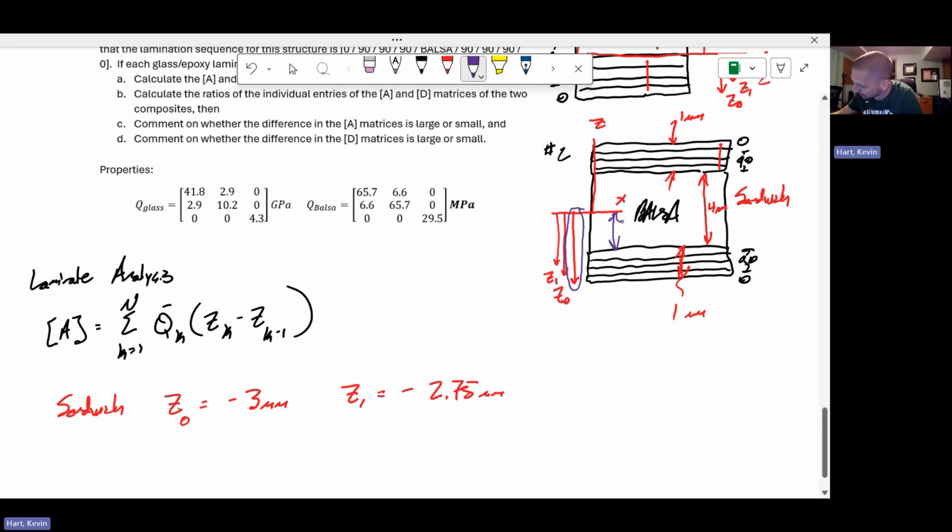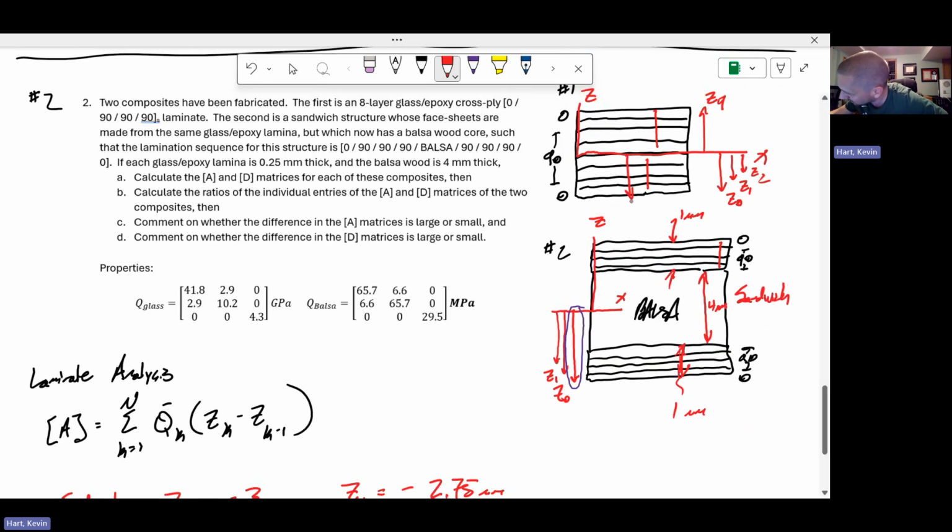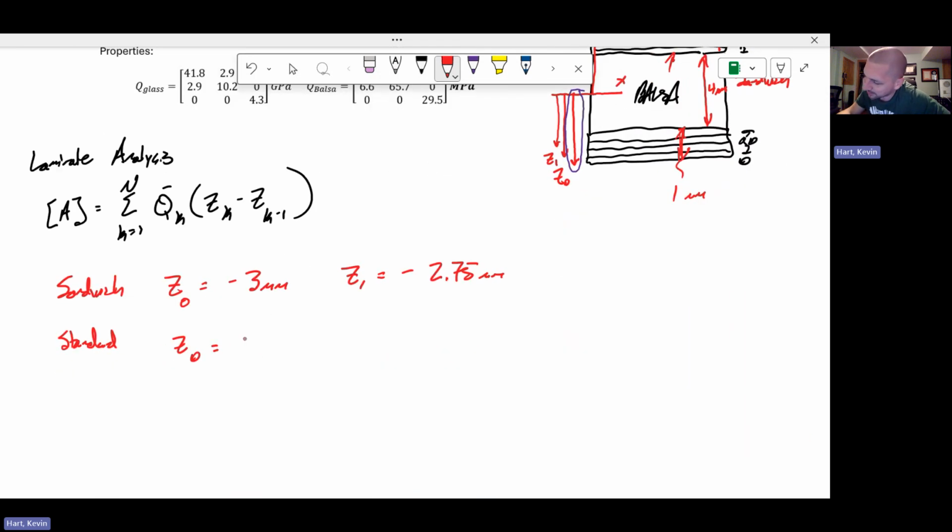You have to go 2 to get there and 1 more to get to the bottom. That's different from the standard composite, where z0 is only going down to the bottom of the stack. So here that's just this dimension, which is 1 millimeter only. So the z dimension is negative 1 millimeter. z1 is negative 0.75 millimeters and so on.